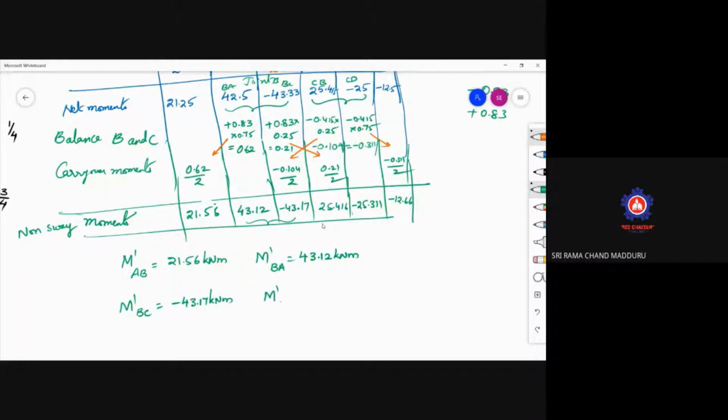M dash CB is equal to plus 25.416 kilonewton meter. M dash CD is equal to minus 25.311 kilonewton meter. M dash DC is equal to minus 12.66 kilonewton meter. You write down them as non-sway moments.